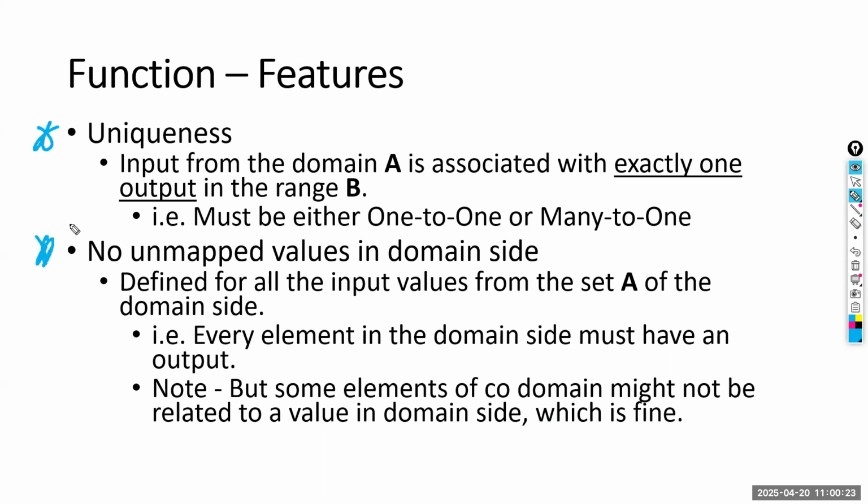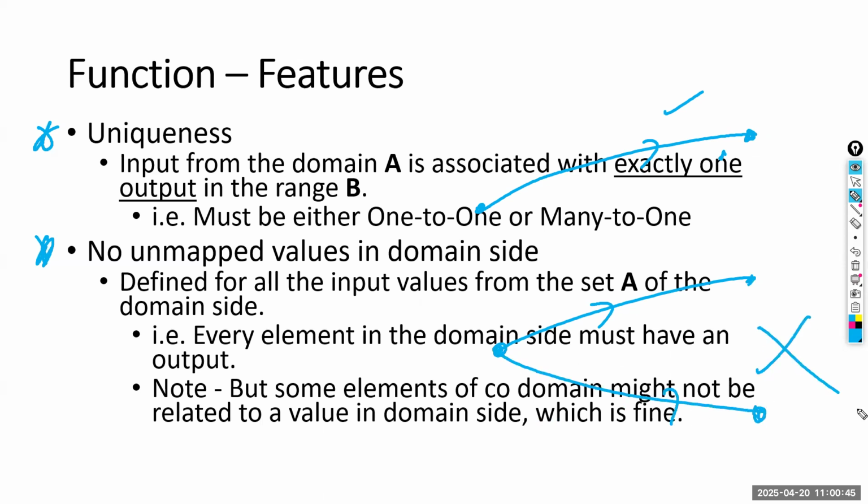Number one, the uniqueness property. That means an input value must map to exactly one value. So this is okay. But if there's a situation like this, where a value from the domain side is mapped to more than one value, this is not a function.